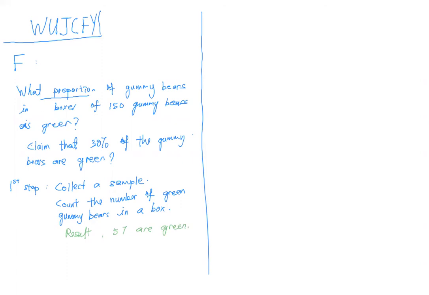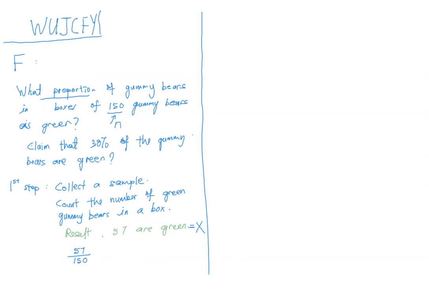So whatever I get here, 57, we call it the X. If I put 57 divided by 150, then 150 is the sample size.